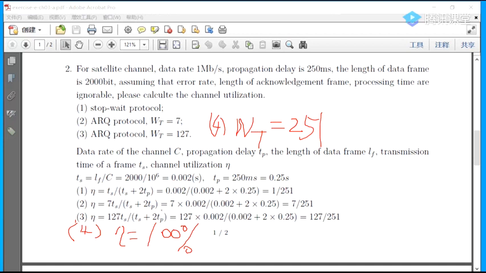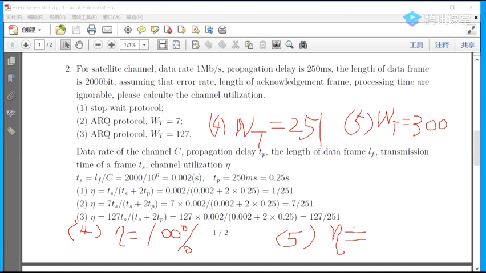So the fifth question: if WT is 300, what is eta?